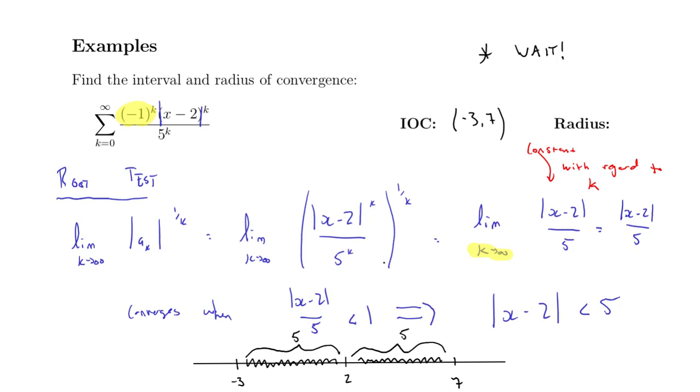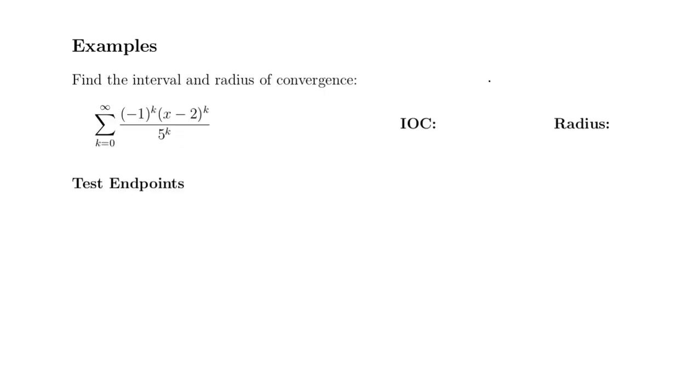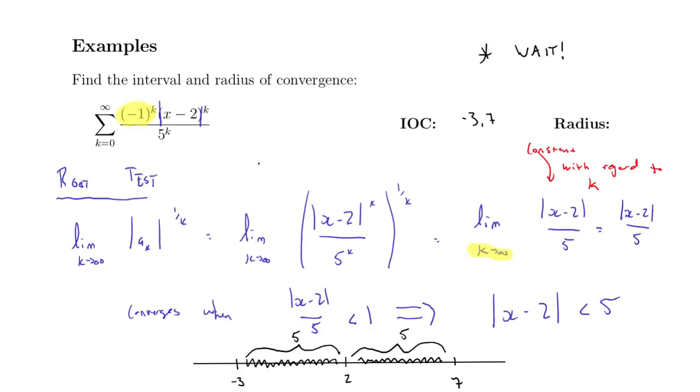Because what happens if this absolute value of x minus 2 over 5 is equal to 1? Well, in that case, our root test is inconclusive. So the question is, do we include these endpoints or not? And the answer is actually not hard to find. All we're going to do is test the endpoints. So we're going to say our endpoints are x equals, what were they again? -3 and 7.